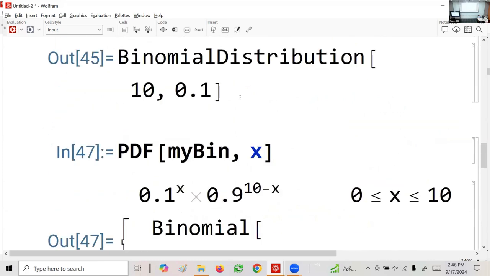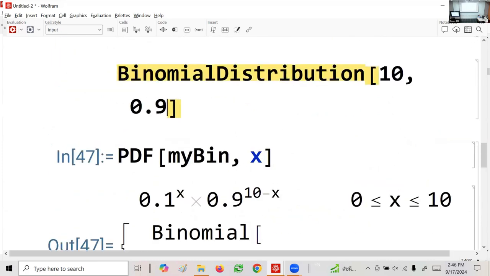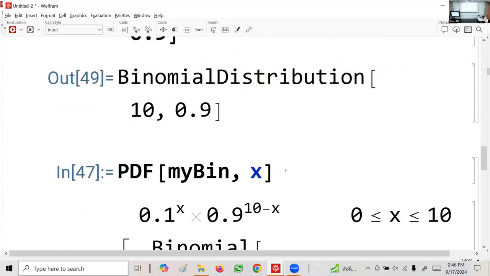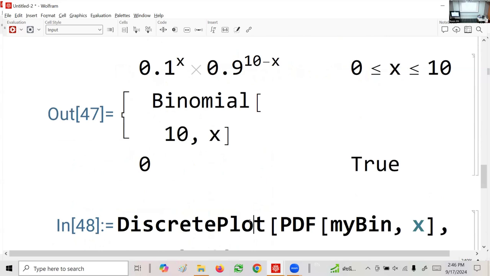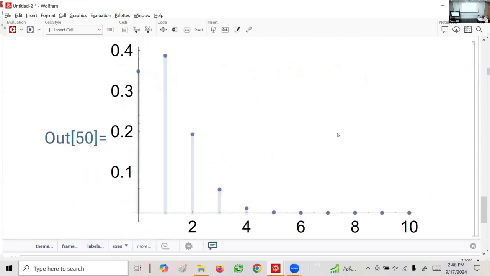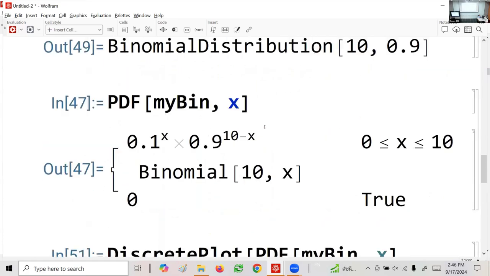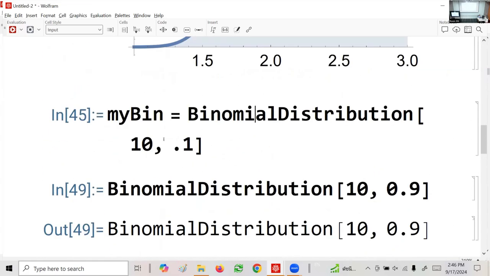Let's make it 0.9. Okay, it's a very profitable shop. Then when you plot this, sorry, it's not just a plot, it's a discrete plot. So 0.9.